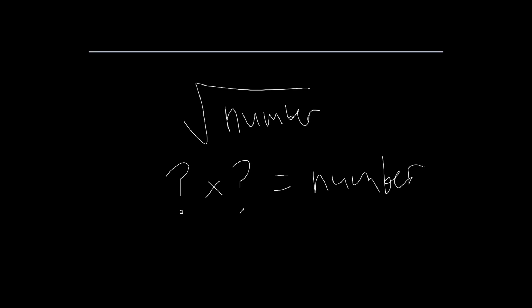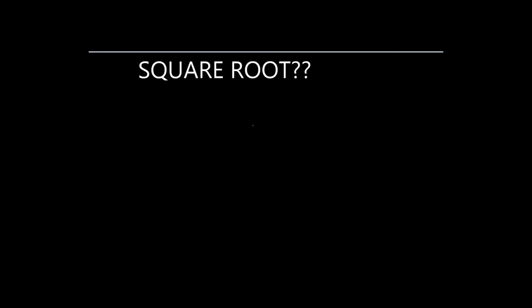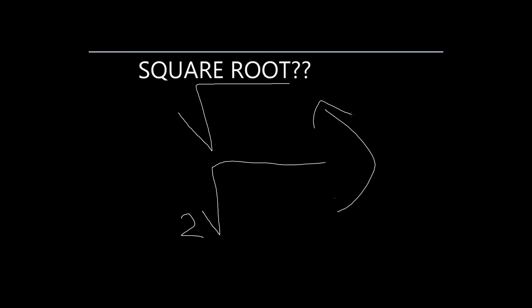So remember, a root is asking which number can be times together to get the number inside the root. For a square root, we write it down like this. This is a simple root notation, which is short for writing it out with the 2 in front. Again, we're asking which number can be times together with 2 numbers to get the one under the root.